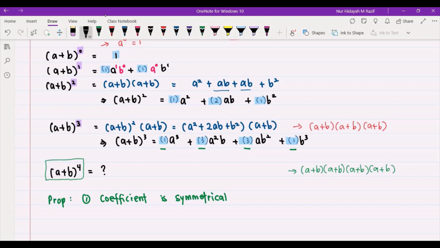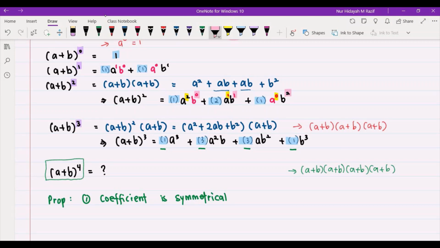Same as for (a + b) squared. If you take a look here, what I have is 1 times a squared times b to the power of 0. And then I have here a to the power of 1, b to the power of 1. And for the last one, I have a to the power of 0 and b to the power of 2. So the power for a goes from 2 to 1 to 0, and the power for b goes from 0 to 1 to 2.